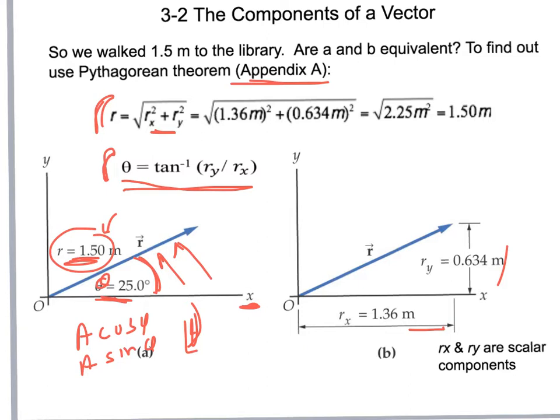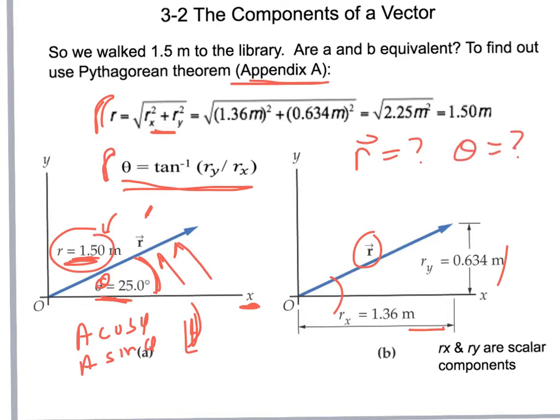When you're solving the problems, this is the first type of problem, where you're given the magnitude of the vector and the direction. The other type of problem is when you're given the components and you're told to find the magnitude of the vector and the direction in which you're traveling. So in that case, your unknowns now are the vector magnitude and the angle.